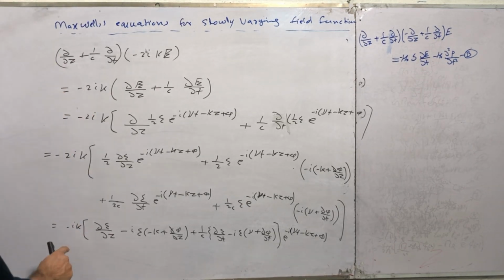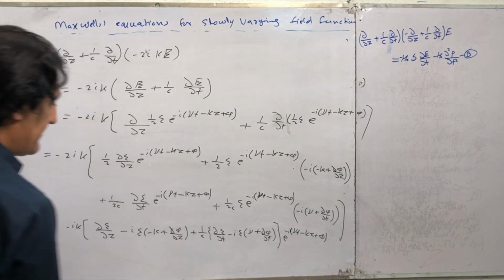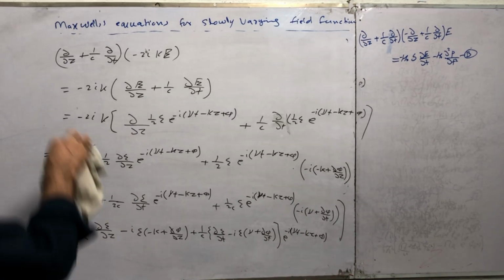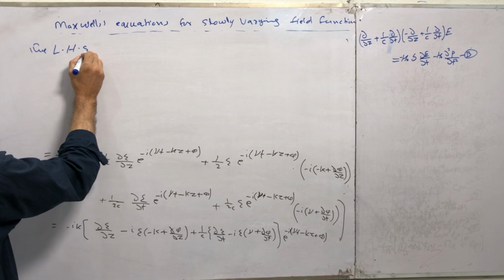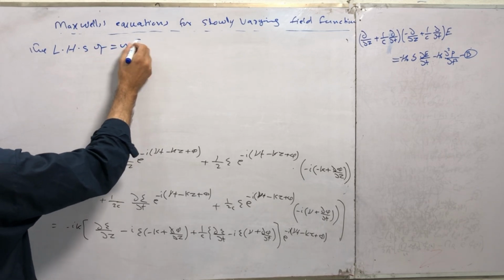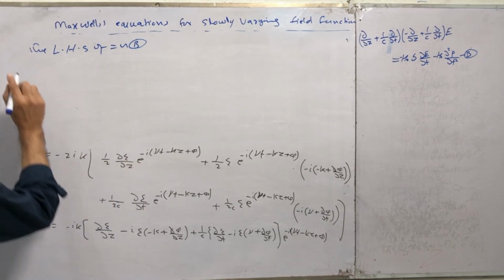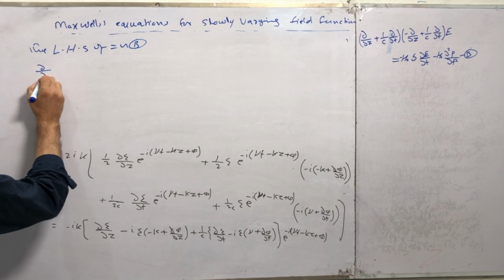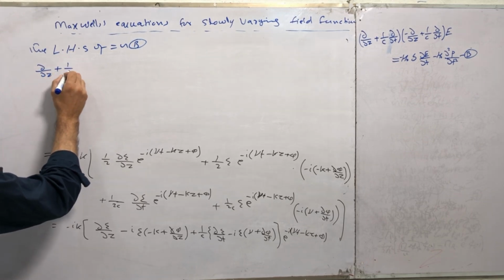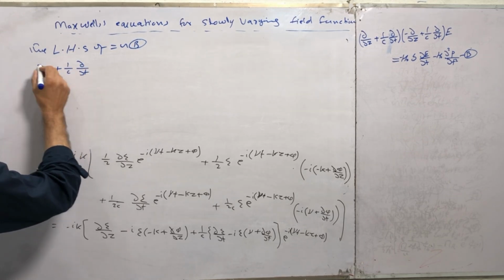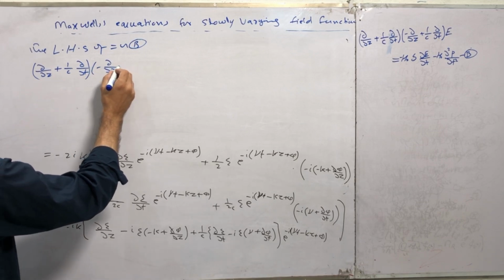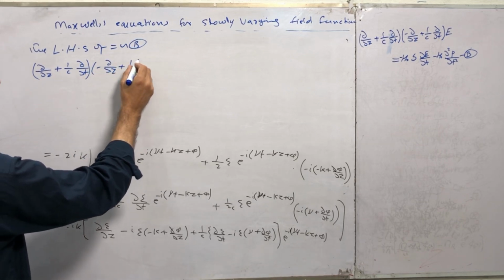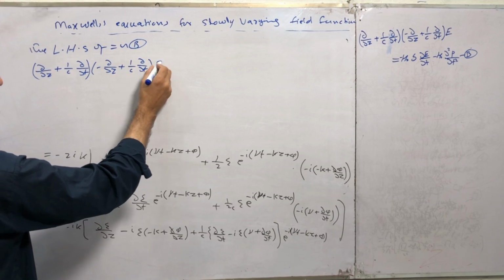The left hand side, I will write down. The left hand side of equation B is partial divided by partial z plus 1 over c partial divided by partial t, minus partial divided by partial z plus 1 over c partial divided by partial t, e.